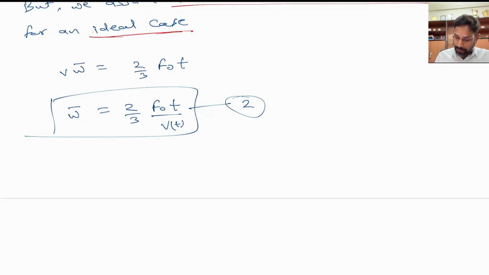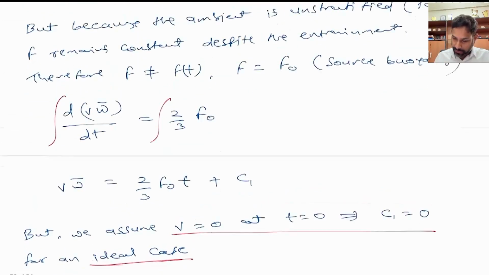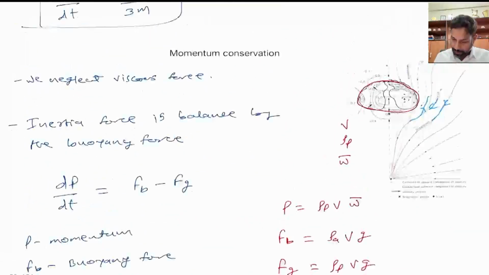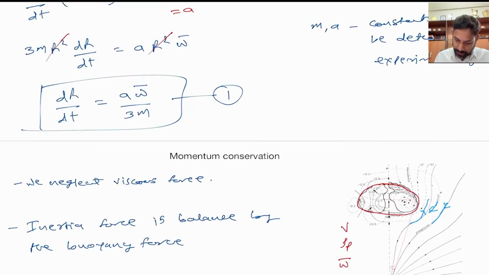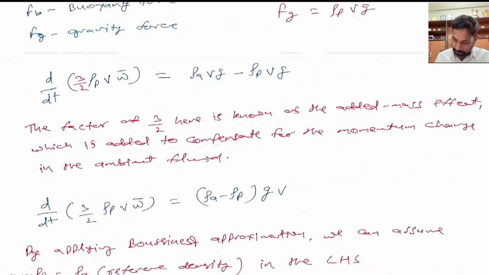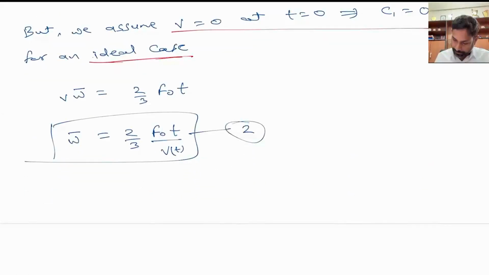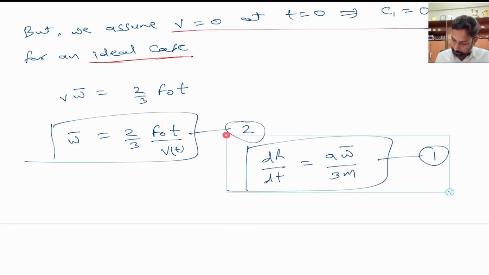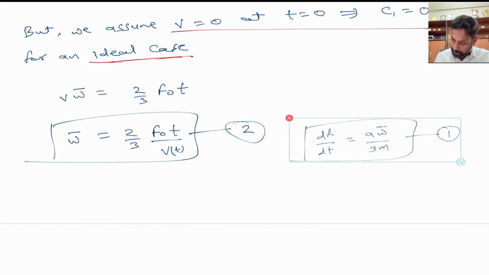Okay, so now we have these two equations, equation number 1 and equation number 2. Let me copy equation number 1 as well, so that we can compare these two side by side. Okay, so these are the two equations we have derived using volume flux balance and momentum flux balance.